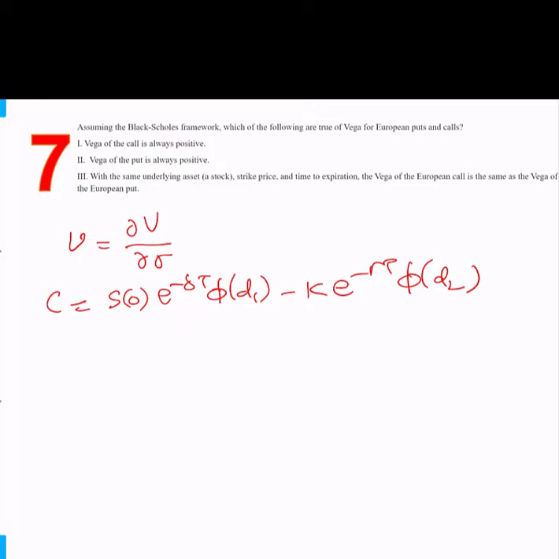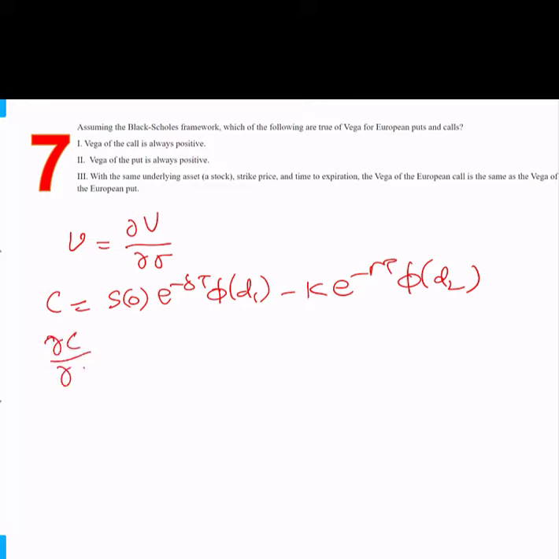So if we differentiate with respect to sigma, remember that d1 and d2 have sigma in them.